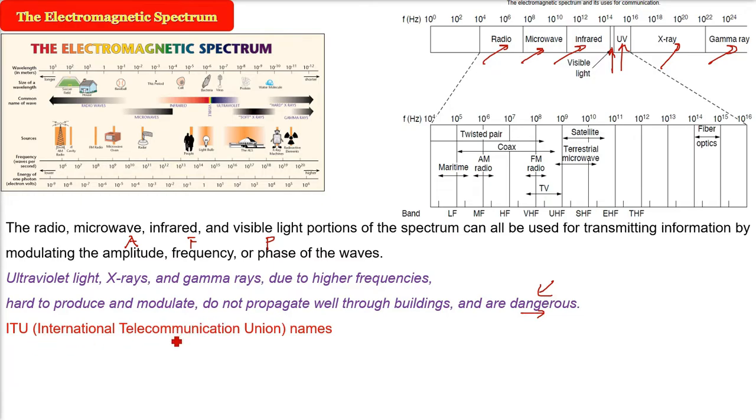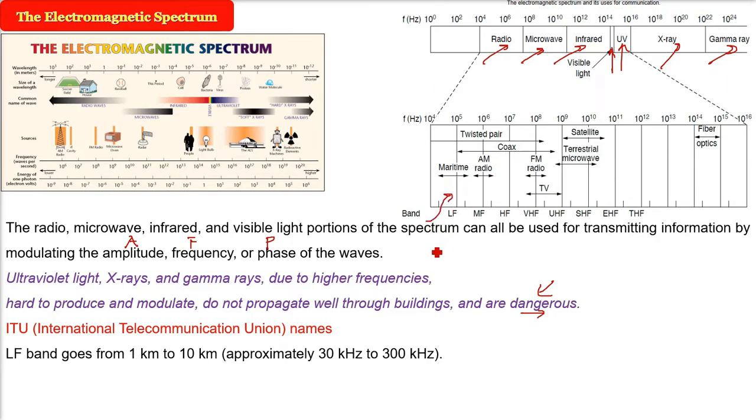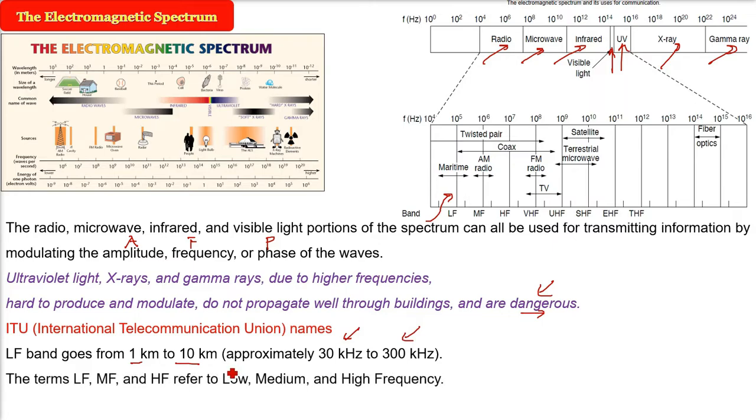The ITU, International Telecommunication Union, gave the names earlier. LF, the low frequency, goes from 1 kilometer to 10 kilometer wavelength, and this frequency range is 30 kilohertz to 300 kilohertz.